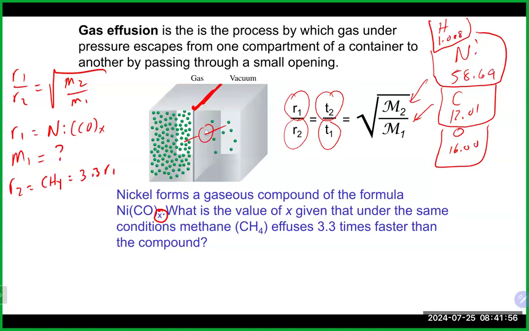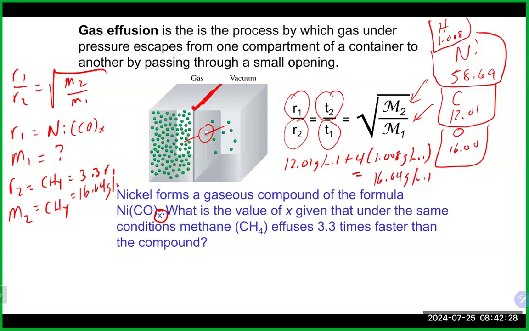We can figure out the molar mass of methane, which is our M2, using the periodic table: 12.01 plus 4 times 1.008 for the hydrogen. So for methane, we're looking at a molar mass of about 16.04 grams per mole.